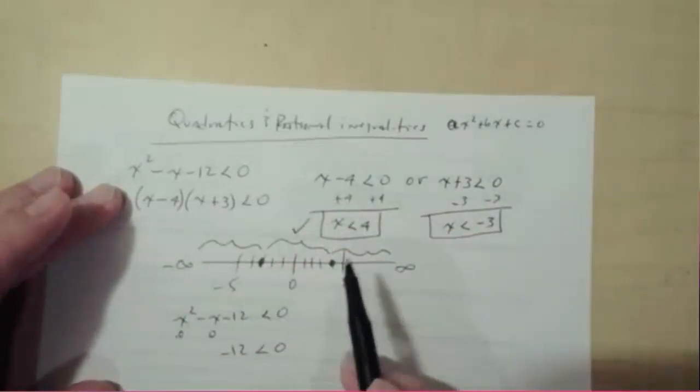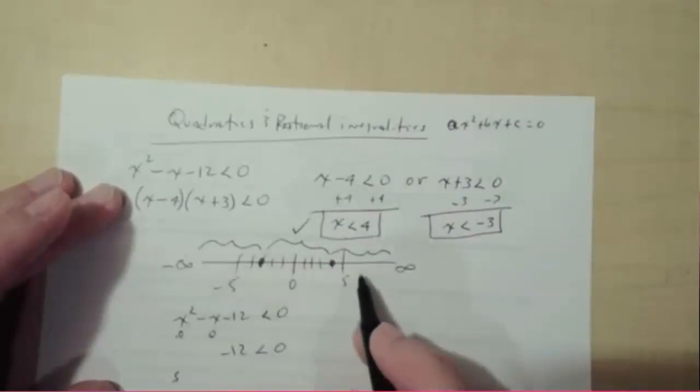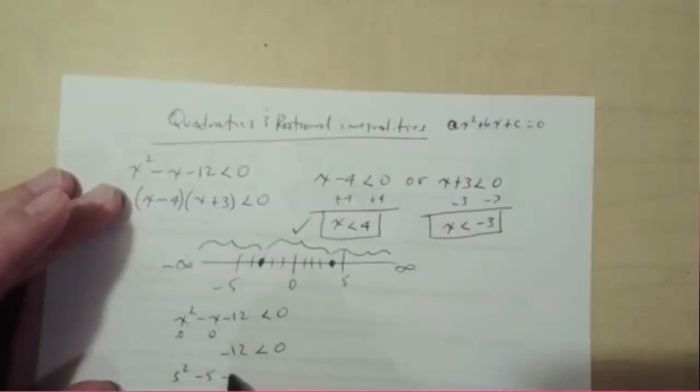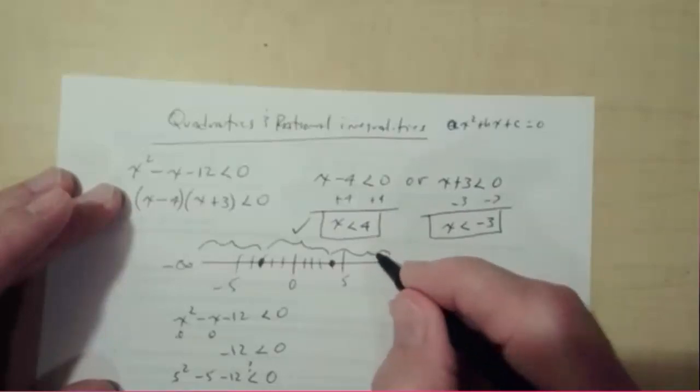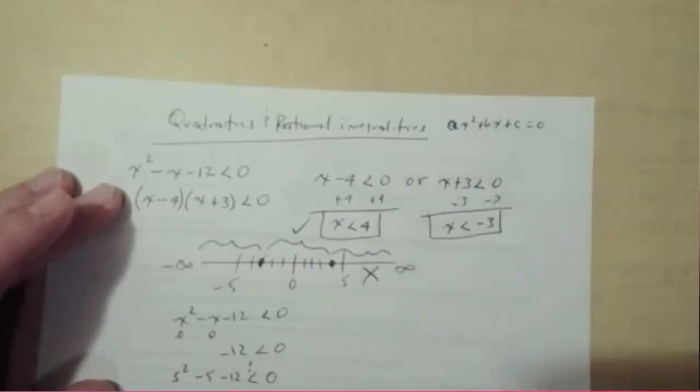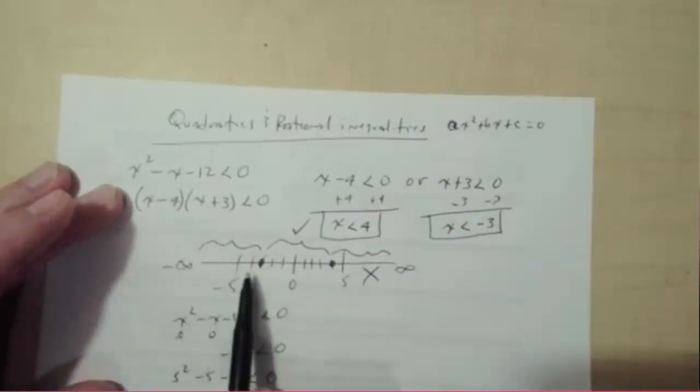Well, let's put 5 in here just to see if this area is correct. So 5 squared minus 5 minus 12. Is that less than 0? 25 minus 5 minus 12. 20 minus 12 is 8. Is 8 less than 0? No. So this area is no good. That's an extraneous solution. And the same thing with negative 5.